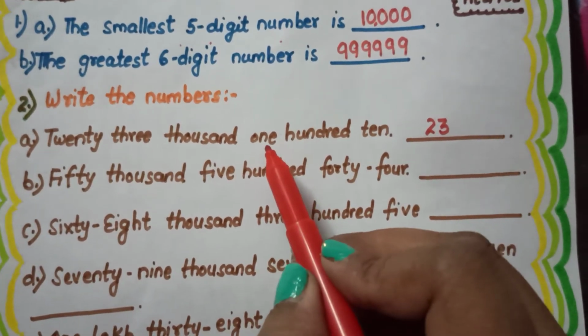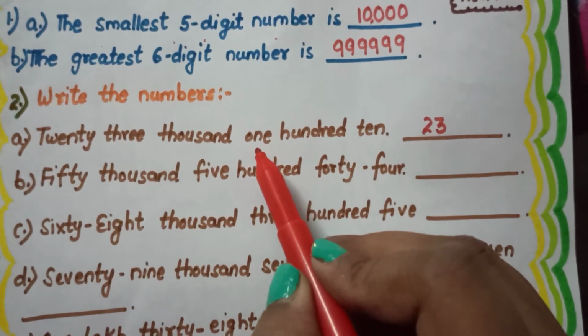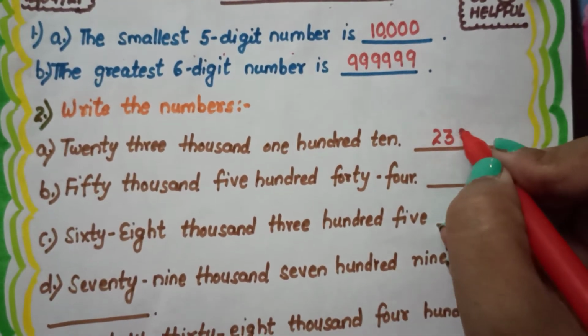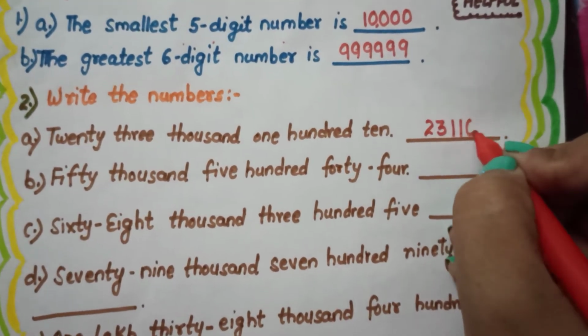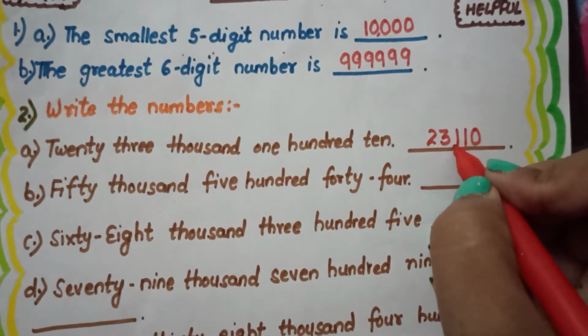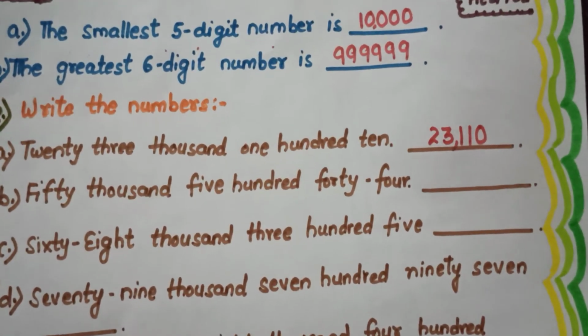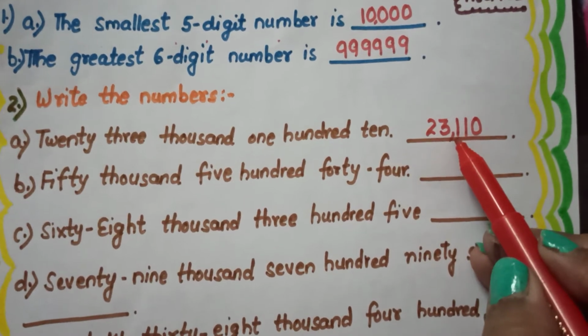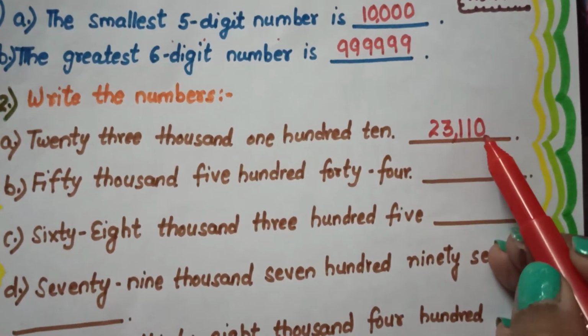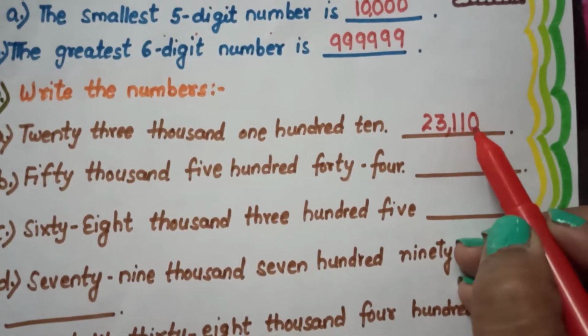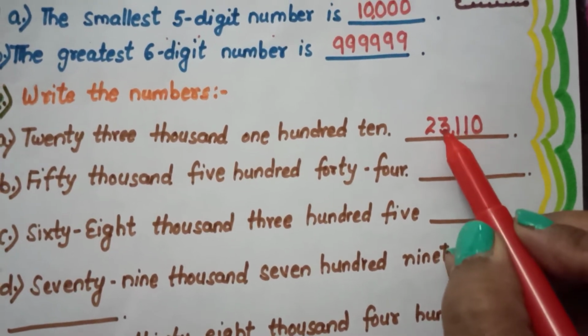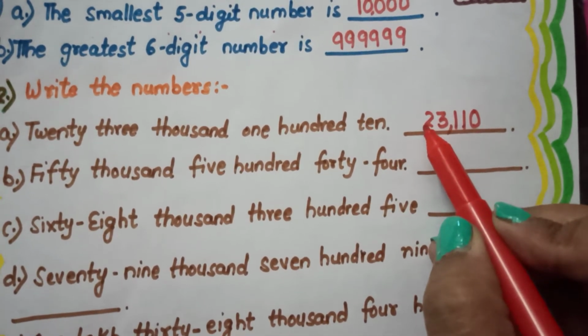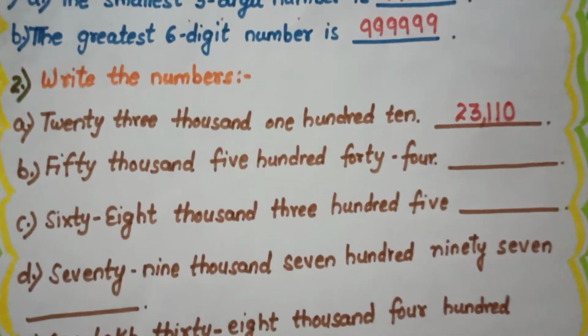So 110, we will write down 110 like this. So this is our complete answer, 23,110. Let us check the place values: ones, tens, hundreds, thousands, ten thousands. Yes, it is right and correct.